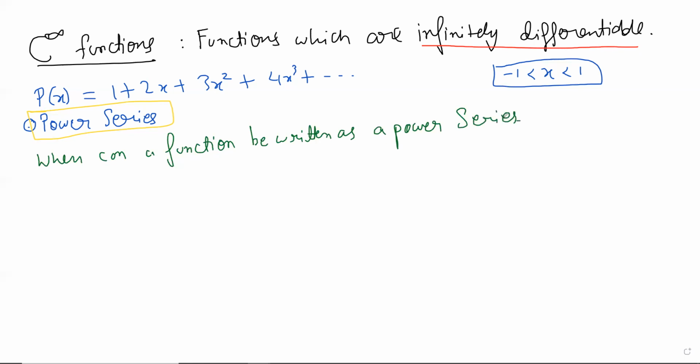From what I have said, this is certainly a very useful question if you can find conditions for when a function can be written as a power series. Now this question has a very precise answer, but we are not going to do that now.